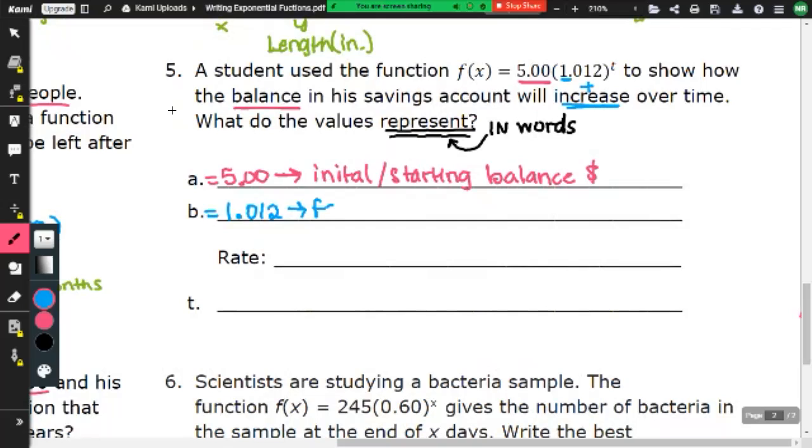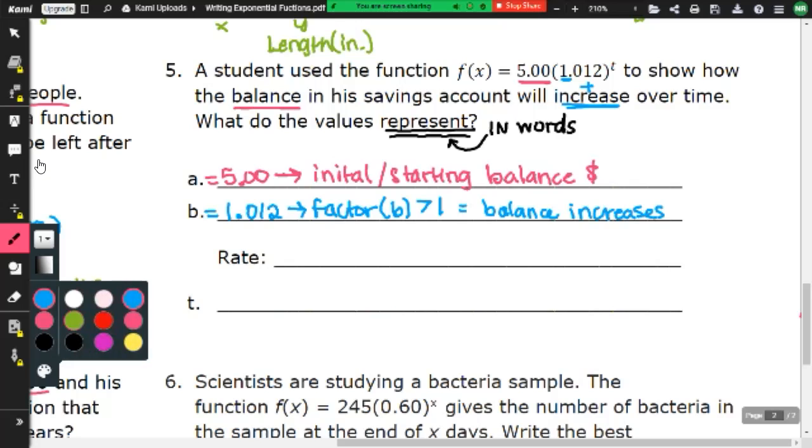So my B value is greater than 1, meaning my balance is going to increase. Balance increases. You can have an answer choice that says my balance increases, or one that says my balance decreases. You need to know if that number is bigger than 1, it's increasing, okay?